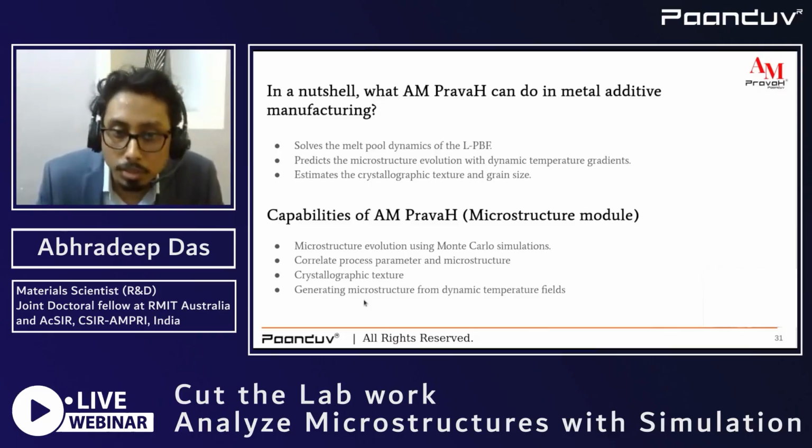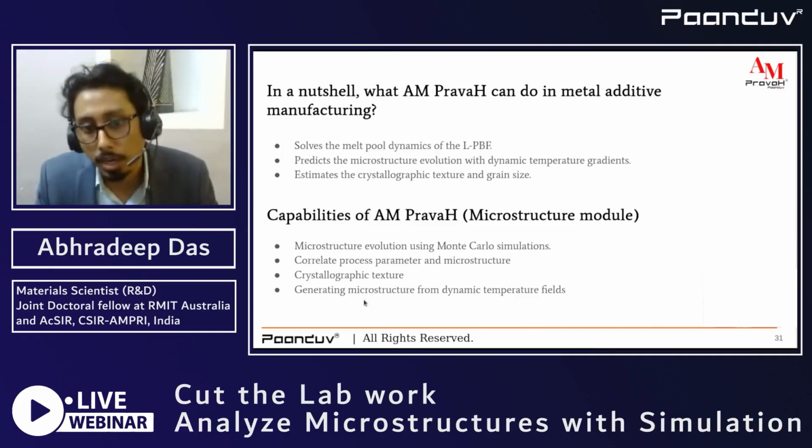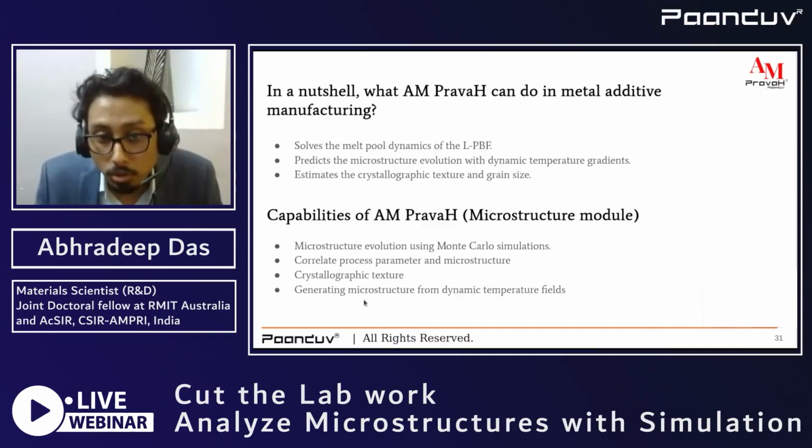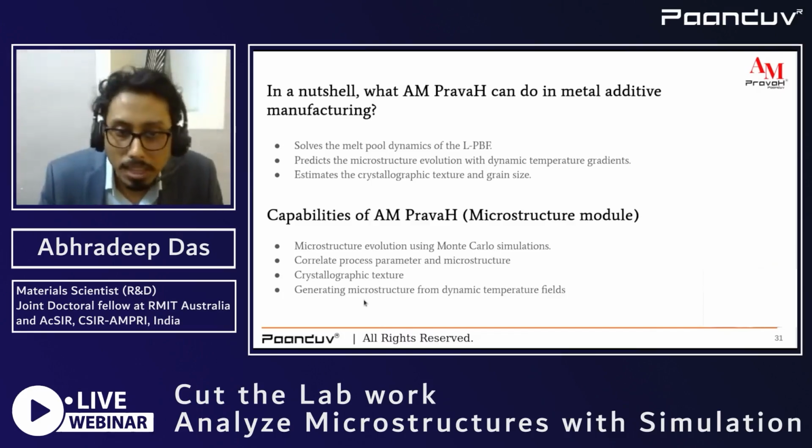It actually gives us a correlation between the process parameters and the microstructure information that you can correlate.